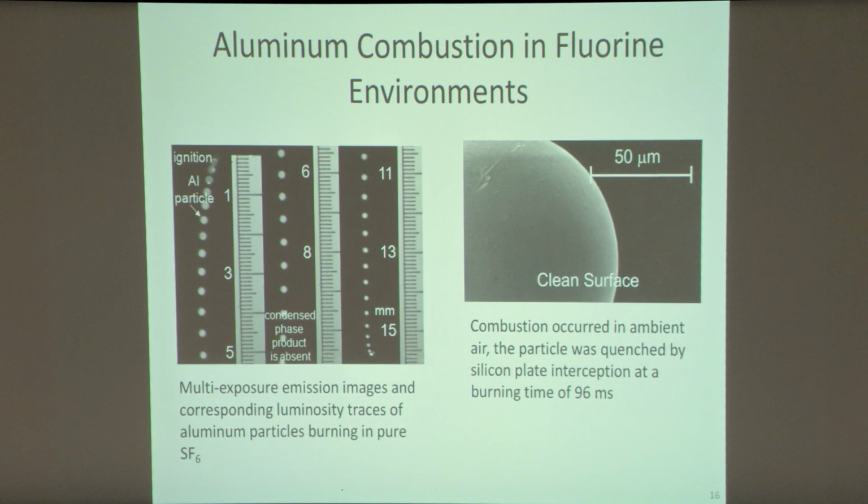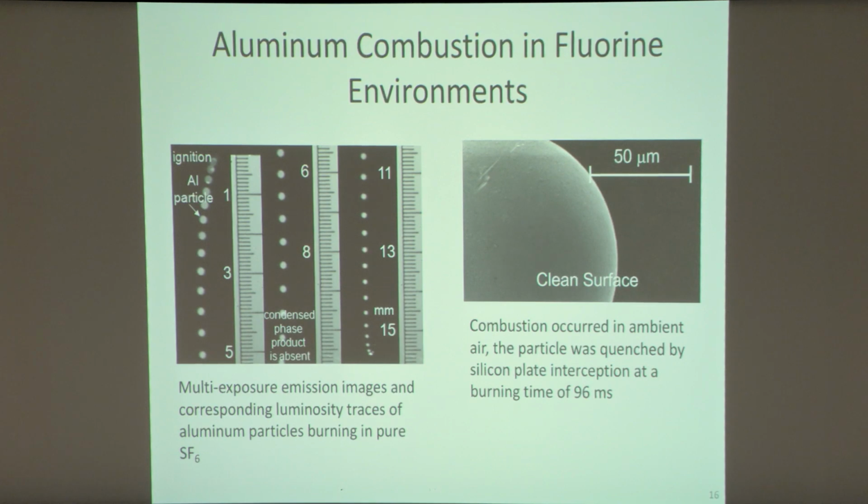And what you see here on the left is a situation where the aluminum is burning in an SF6 environment, so essentially mostly pure fluorine. And note that as this particle falls, there's no smoke cloud at all. In fact, there's no condensed phase species in the products being formed. And the reason for that is thermodynamically, I've now driven the products to AlF3 gaseous.